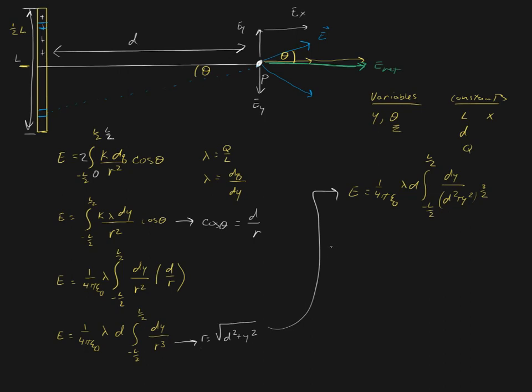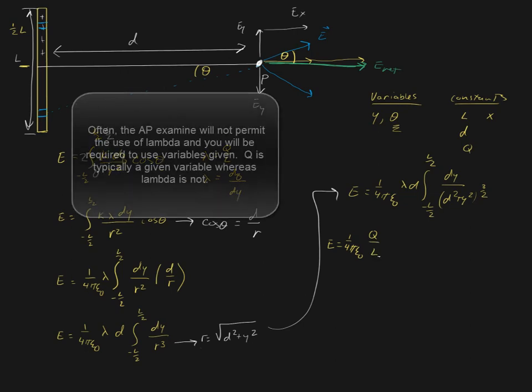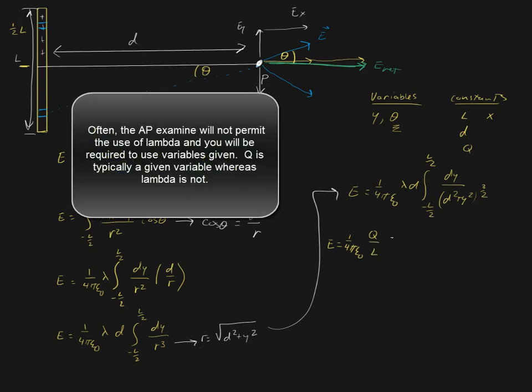And what we're going to get here is E is equal to 1 over 4 pi epsilon naught times lambda, which becomes q over L, times d.